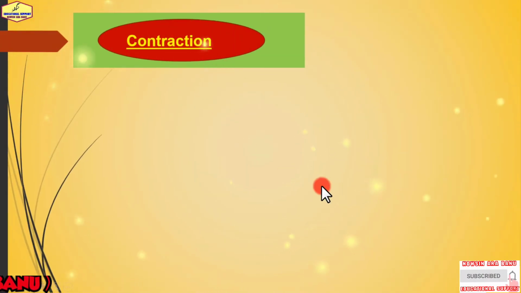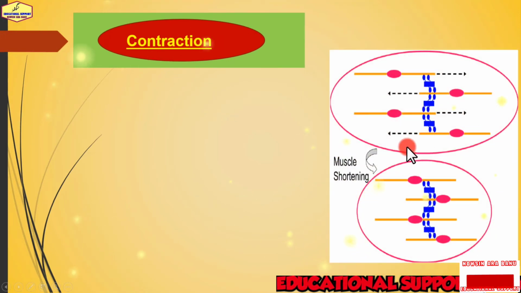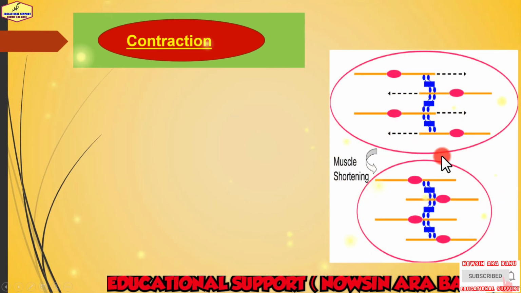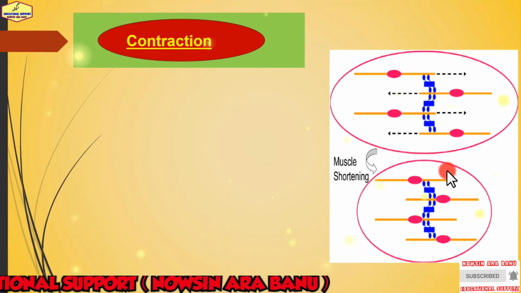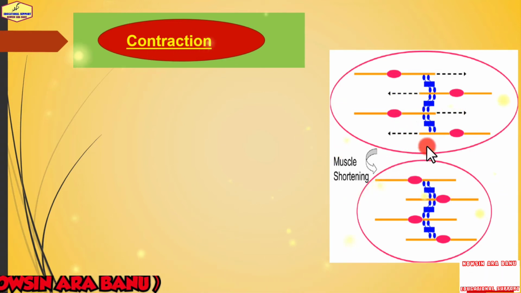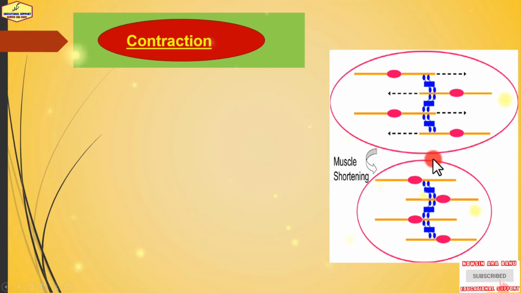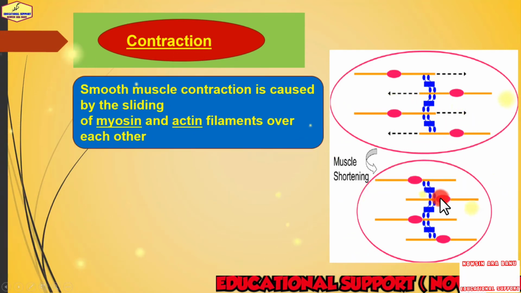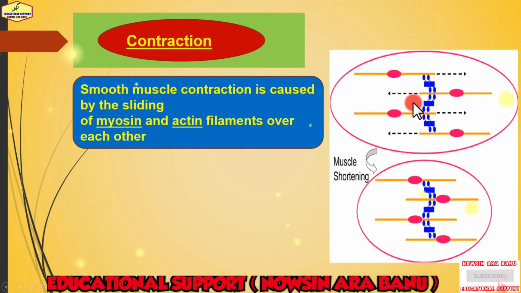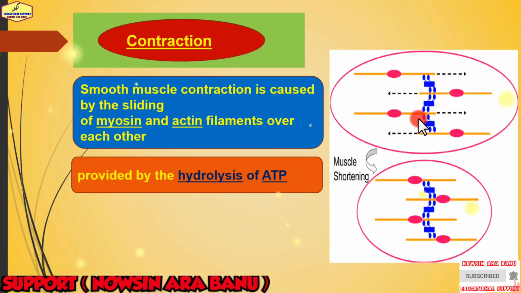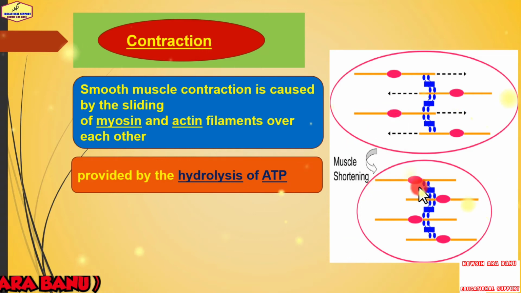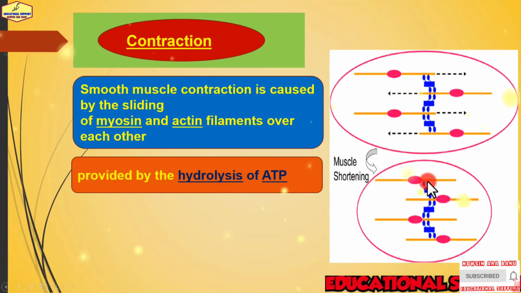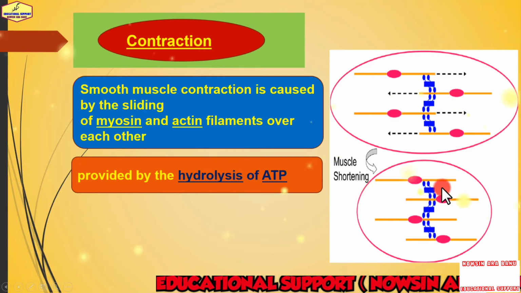Smooth muscle contraction is caused by the sliding of myosin and actin filaments over each other. The energy is provided by the hydrolysis of ATP, which is used to produce molecular conformational changes of part of the myosin and produces movement.